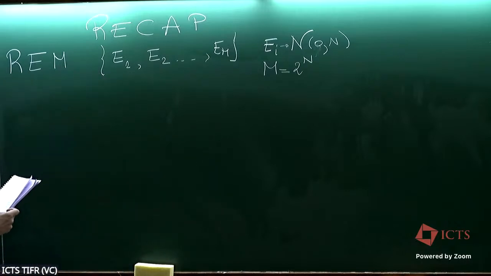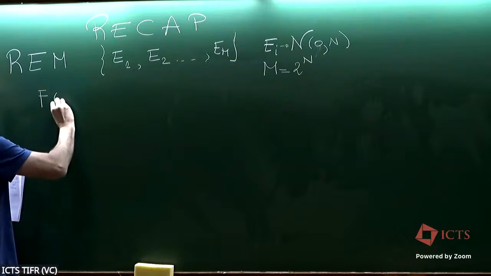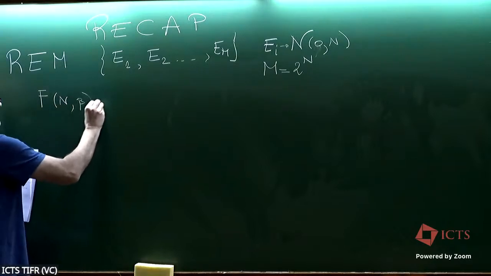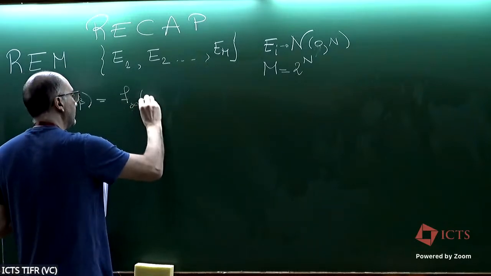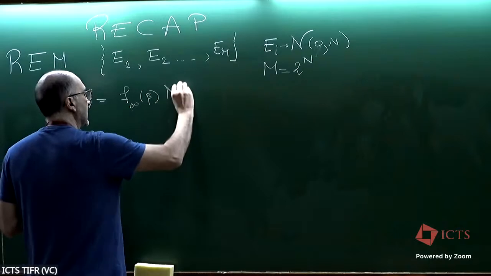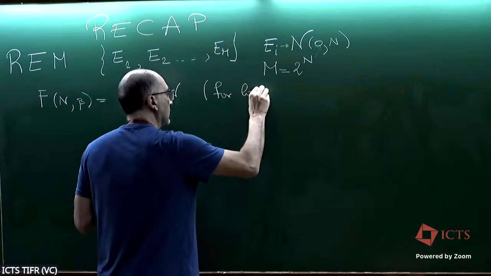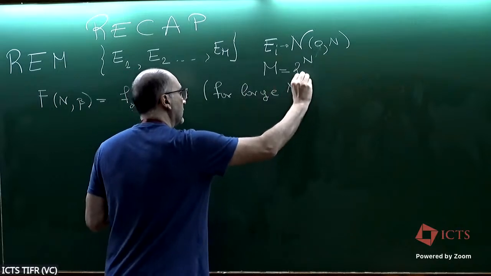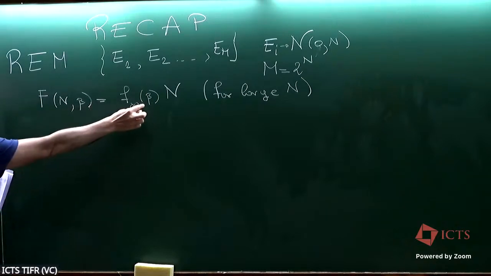And then we first solved the thermodynamics of this model, and we showed that we can write the free energy with an intensive part times n. This is for large n because it's self-averaging. And then we were able to find this intensive variable.